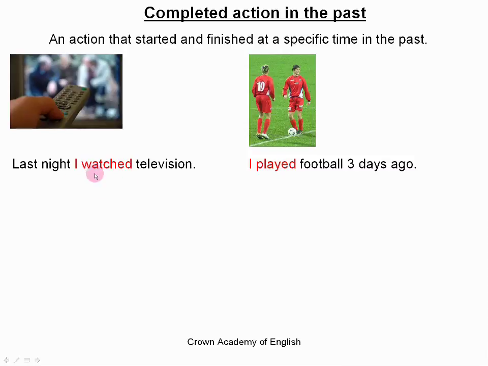So in red, this is the past simple. The past simple. And in blue, these are time expressions which represent the past tense. So these are important. If you see these words, last and ago, then we know it is the past simple.